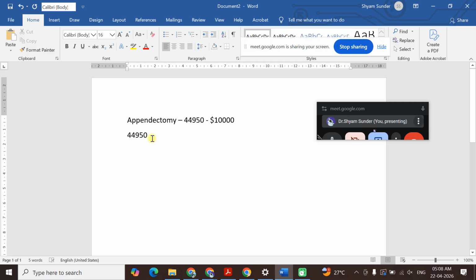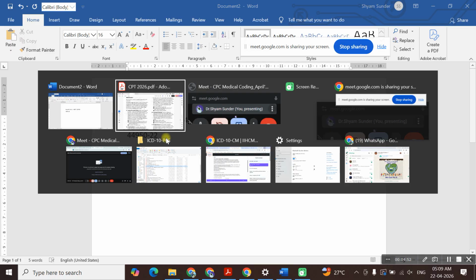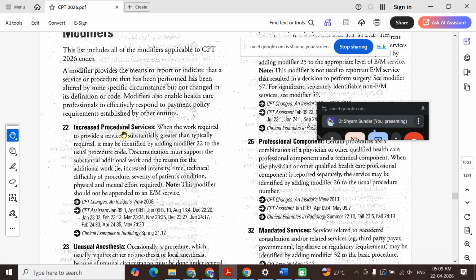The surgeon has to utilize increased effort and higher skill, and the time duration also increased, 2 hours. Now the surgeon says, I need more payment, due to the difficult surgery. So how do you indicate this? This is how you assign the modifier: hyphen 22. So what is 22? Increased procedural service.